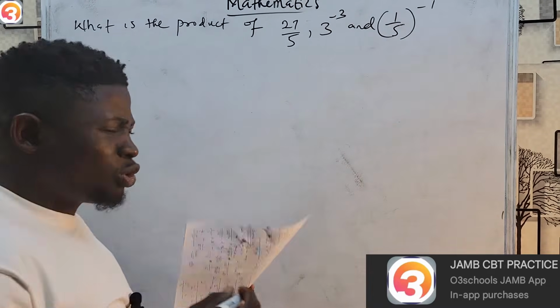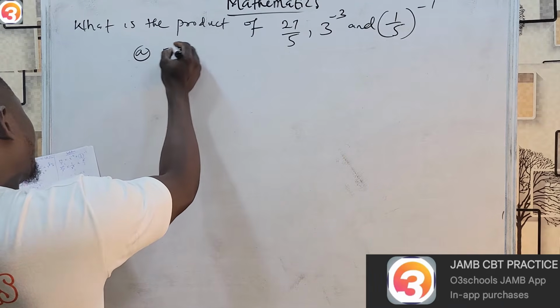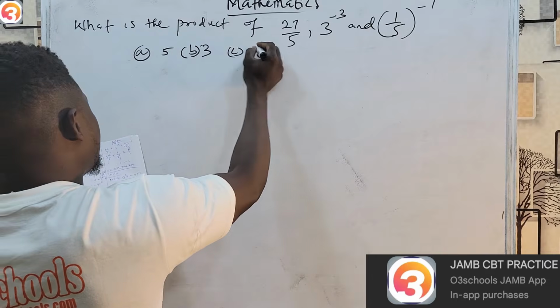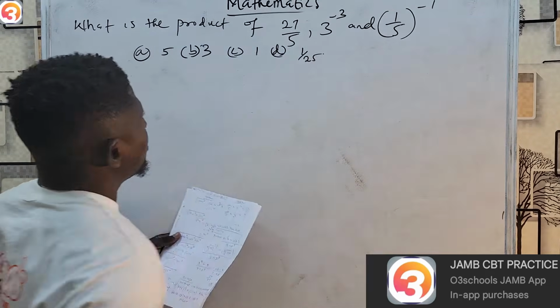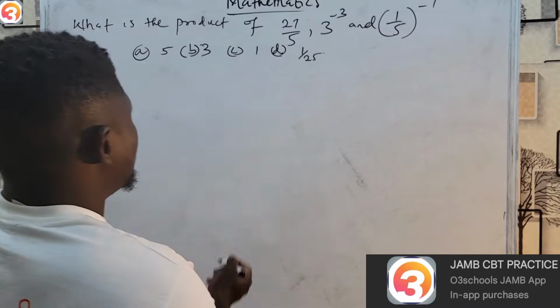So they just want to test your knowledge of indices here. A, they say it's 5, B, they say it's 3, C, they say it's 1, D is 1 over 25. So these are the options.